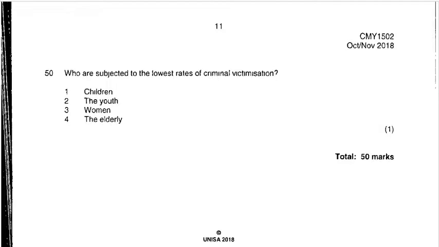I chose this question paper because I wanted you to notice and realize that it is important to not only study the study guide alone, but to also tackle the previous question papers, because if you look at this 2018 question paper, you are going to notice that many questions are a repetition in the 2020 May-June examination, and also the questions that we had on our first assignment and second assignment of second semester 2020.